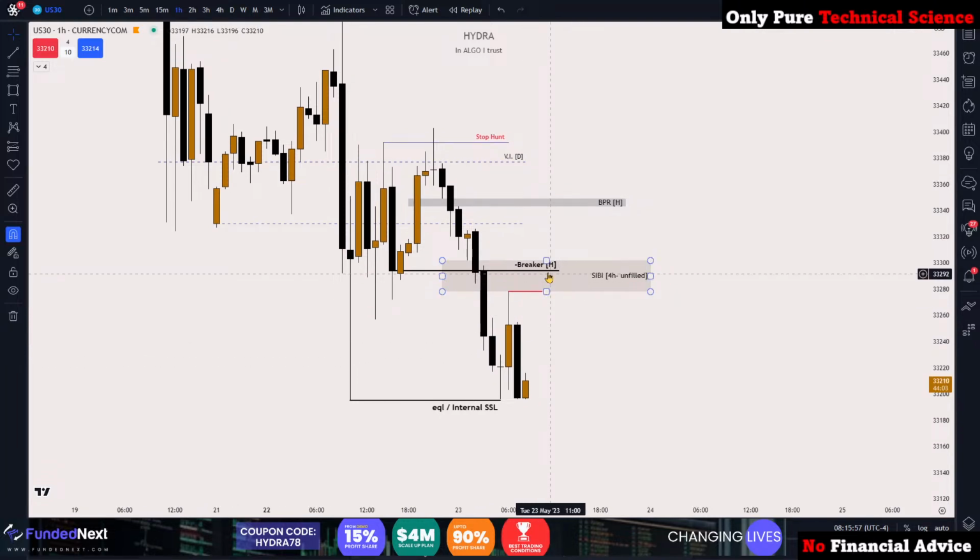So I was expecting a hit on this breaker again around 8:20 to 8:30, and then I could have taken a short because we had relative equal lows here, then this low here. That makes it a relative equal low. Now the price is delivering this equal low early.